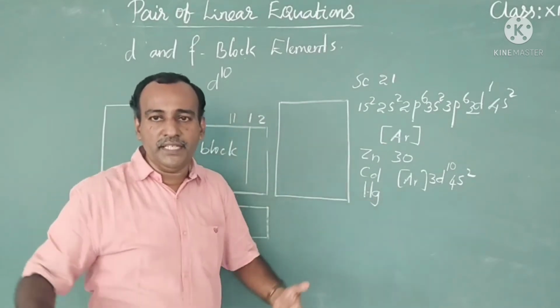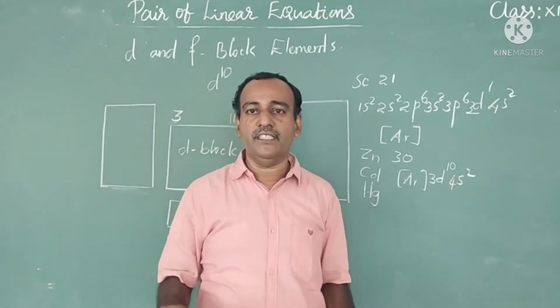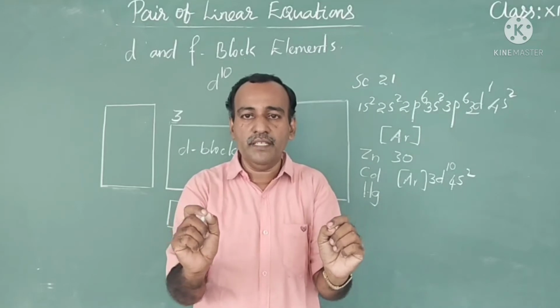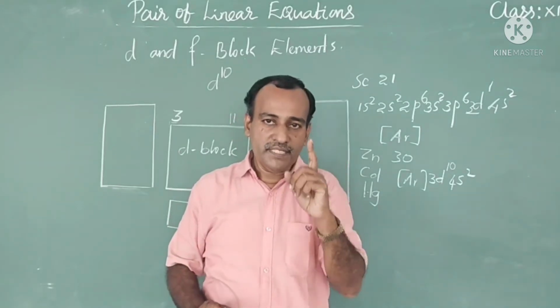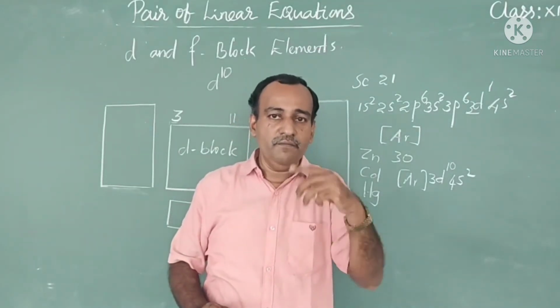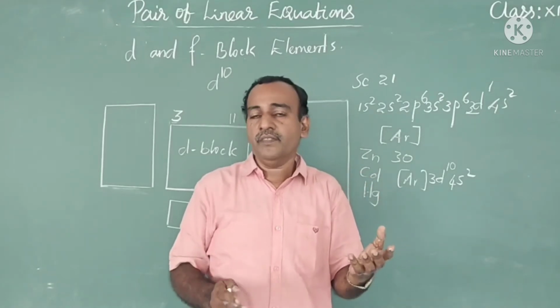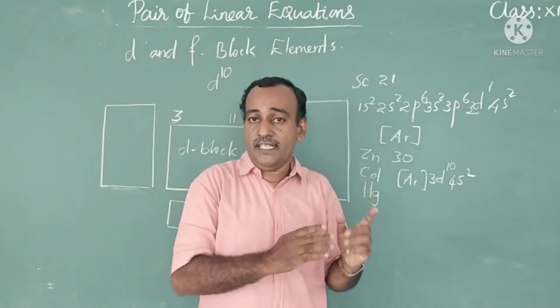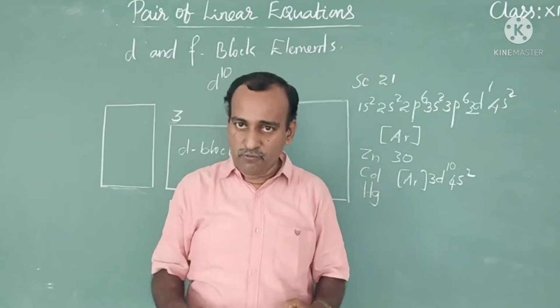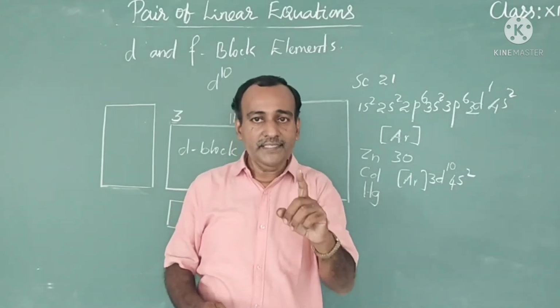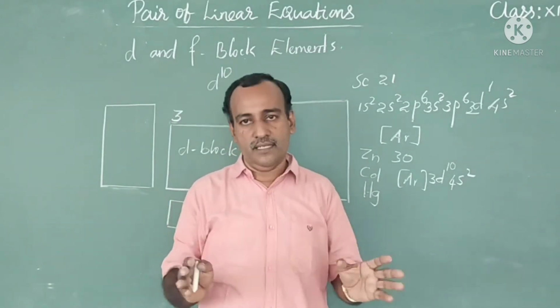So we are expanding our definition. What are d block elements? Those elements which contain partially filled d orbital in the penultimate shell, either in the ground state or in a common oxidation state.